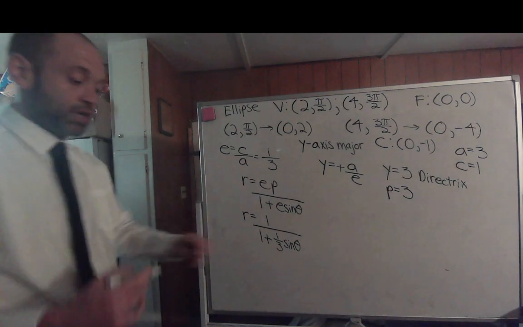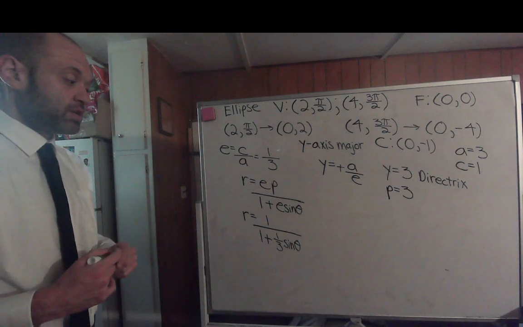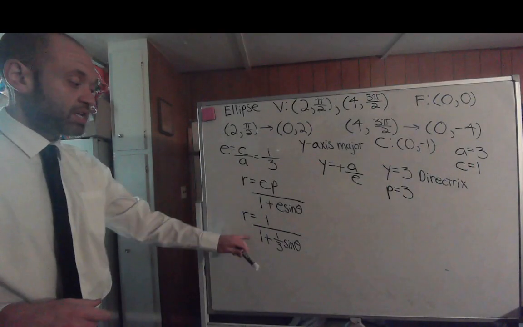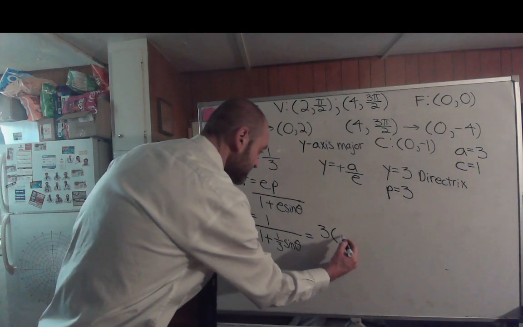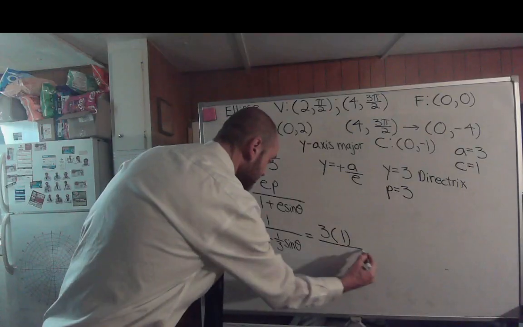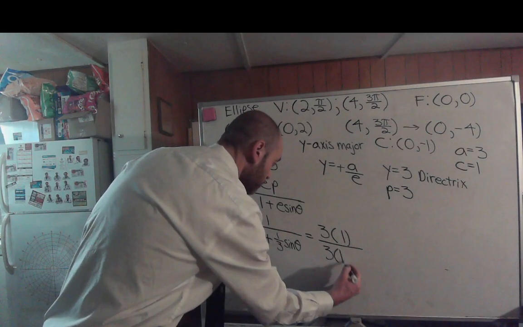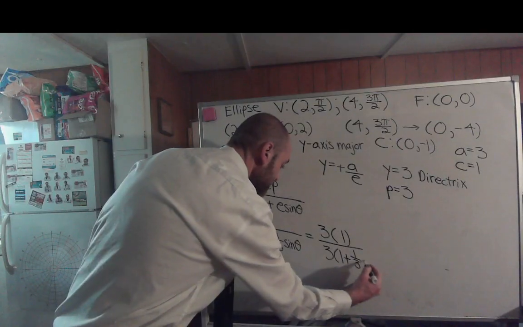Well, we definitely want to clean up this fraction, so we're going to multiply both numerator and denominator by 3 because we actually have to keep this equal. So you'll have 3 times 1 over 3 times 1 plus 1/3 sine of theta.